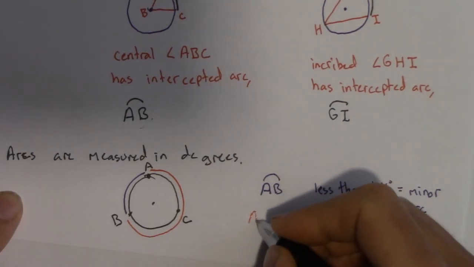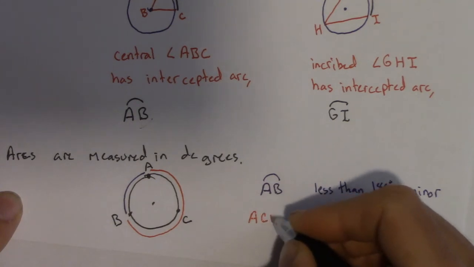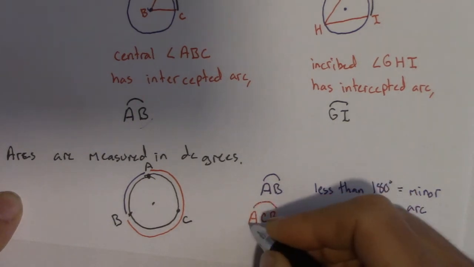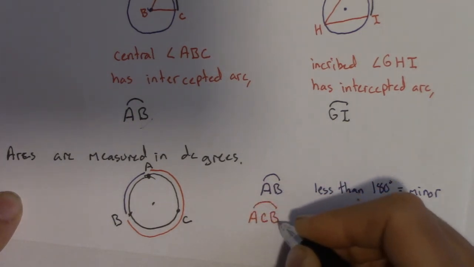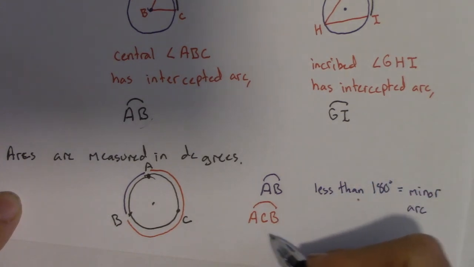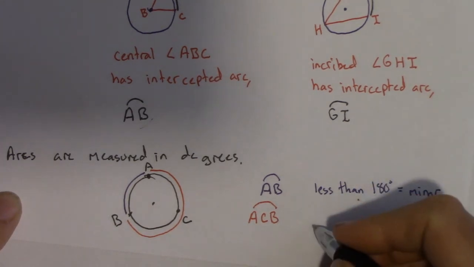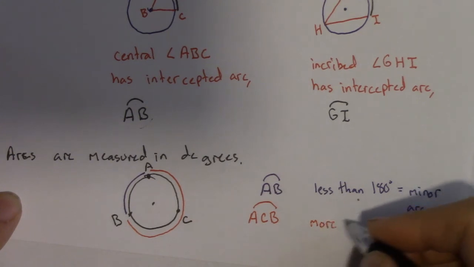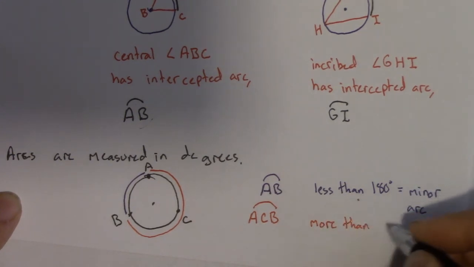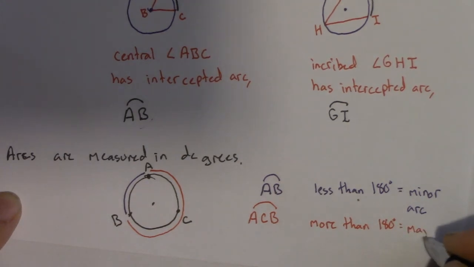So I would call it ACB. I'm traveling from A to C and from C to B. So this is read arc ACB. It's more than 180. And so we would refer to it as a major arc.